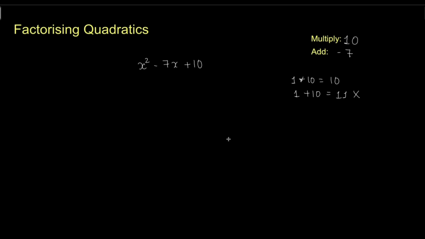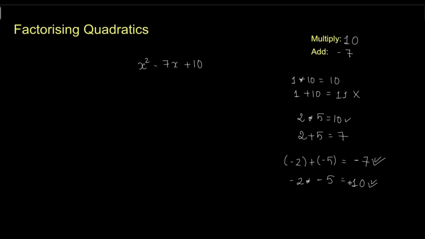Let's try 2 and 5. 2 times 5 is 10, which is correct. 2 plus 5 is 7. The numbers are right, but we need negative 7. So let's make both numbers negative and try again. Minus 2 plus minus 5 equals minus 7, which is correct. Minus 2 times minus 5 is 10, which is also correct. So our numbers are minus 2 and minus 5.